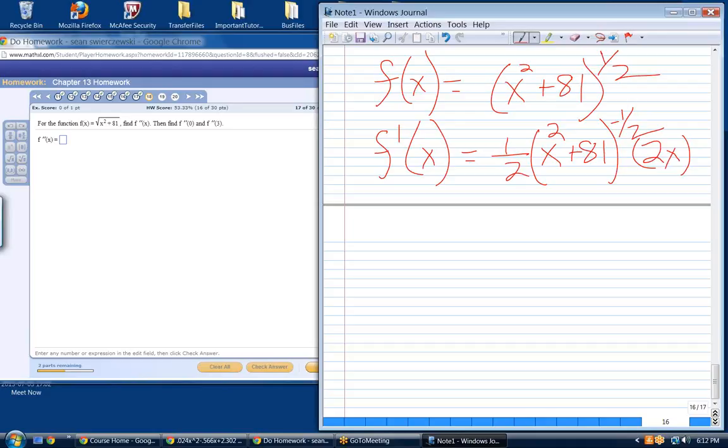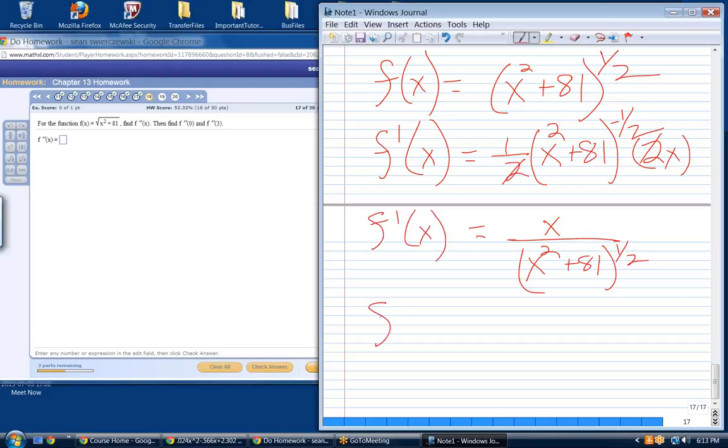Okay? So that is equal, I can cancel this 2 with this 2. And so I have x in the numerator, and in the denominator x squared plus 81 to the 1/2. So that's f prime of x.